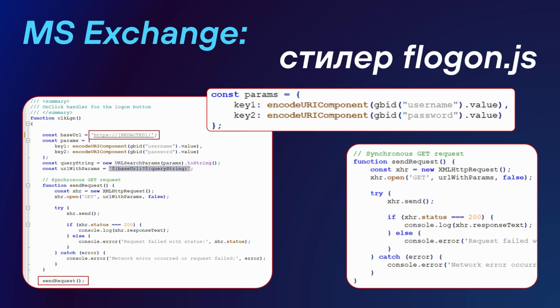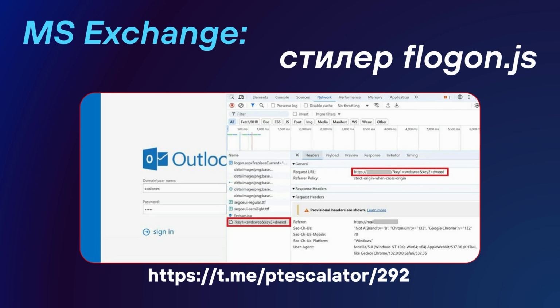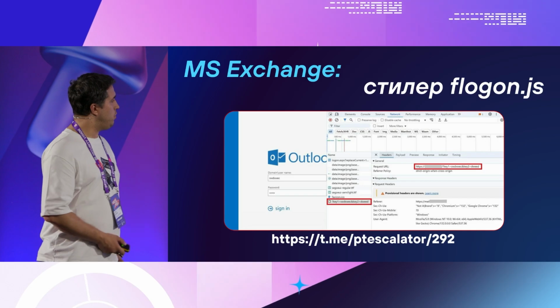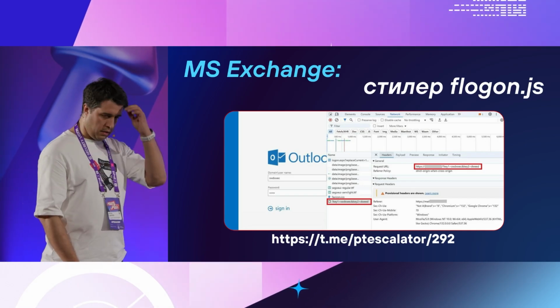This was embedded in the flogon.js, and without any problem they would send those data packets with this data, and we could also monitor that from outside. Here is the packet which was sent to the malicious server. They would misappropriate this from the access log. They would take it from there.